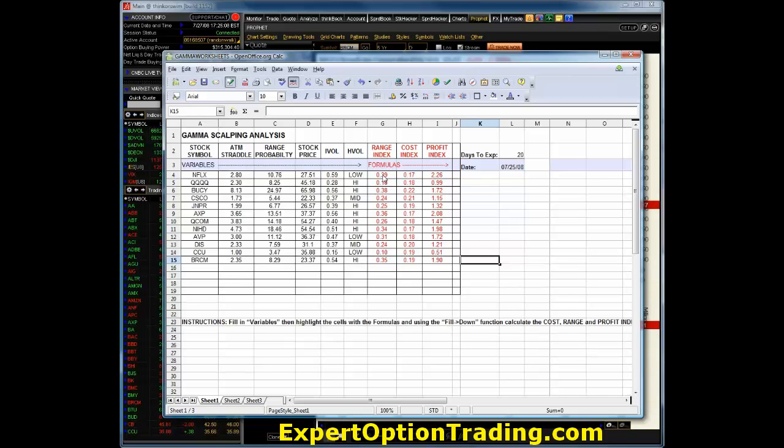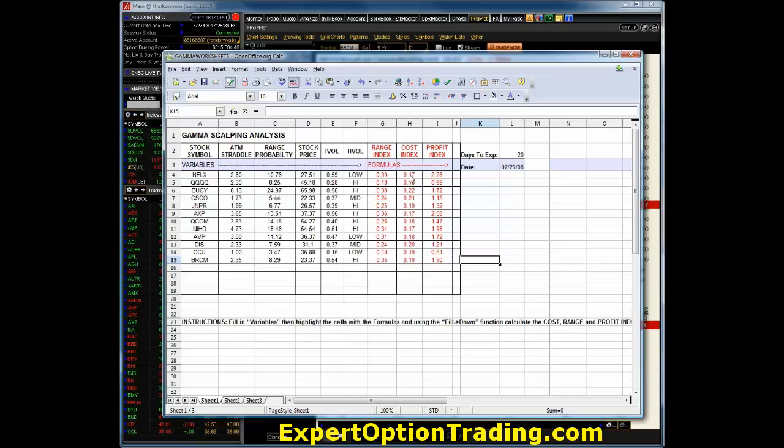Remember, we want the range to be as great as possible. In other words, we want this range compared to the stock price to be as large as possible. We want a large range with a stock price that's relatively small, because we want that stock to move as much as possible. When the stock moves, we make more money when we day trade using this particular technique.